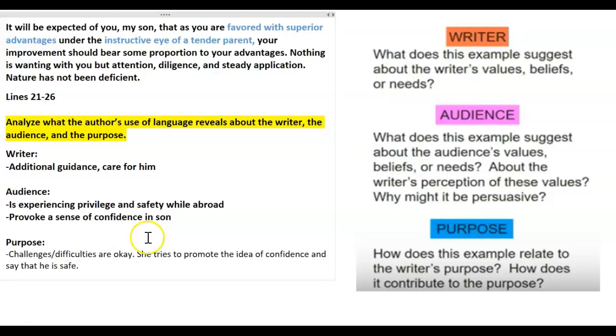They might seem overwhelming, these challenges, but ultimately, you are okay is essentially what she's saying. And again, she's trying to instill this idea of confidence.